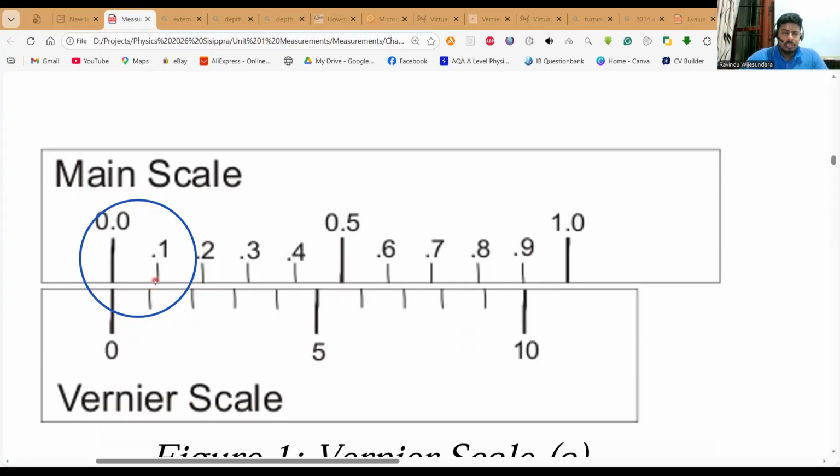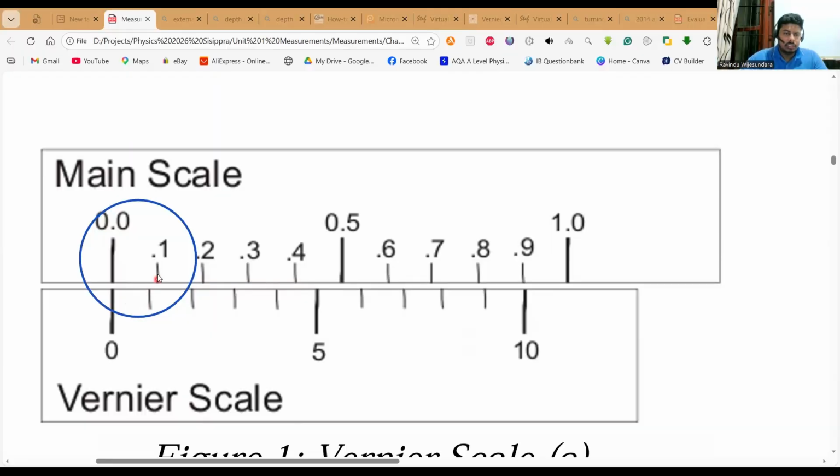The least count, or the minimum distance between the main scale division and the vernier scale division, is this. You can see here, this is the distance between the zeroth mark and the first mark of the main scale, and this is the distance between the zeroth mark of the vernier scale and the first mark of the vernier scale.